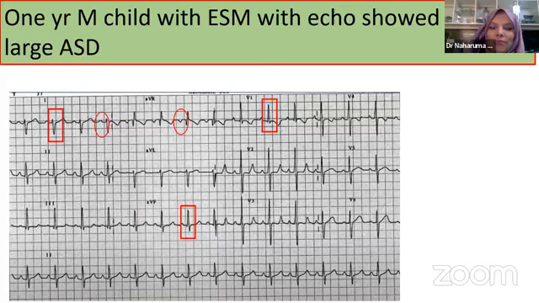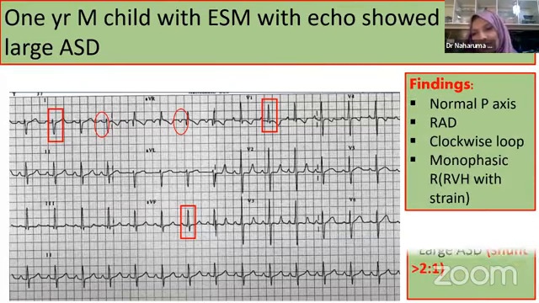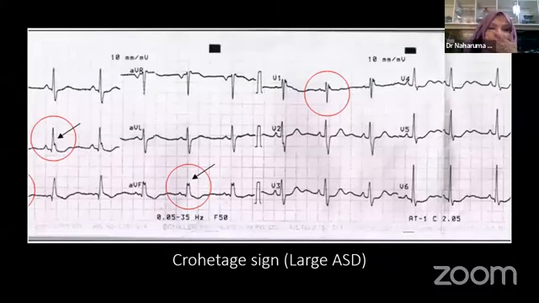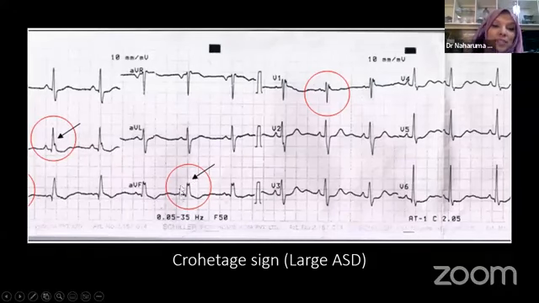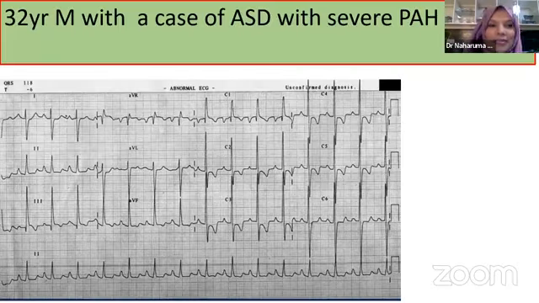We will not wait for this baby. So this also tells us the severity of the ASD. Another very important thing: if we get this crochetage sign, what is this? Broken brow needle. This sign, if we get it in leads 2, 3, aVF, the inferior leads, indicates this is a large ASD. So I can label it as a red flag sign.